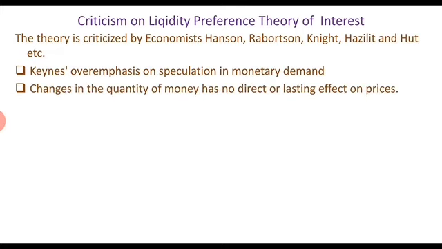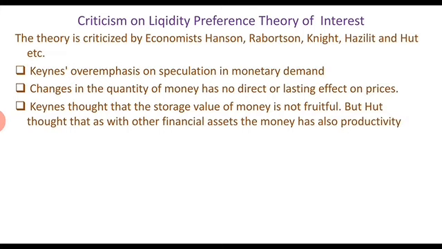Changes in quantity of money have no direct or lasting effect on prices. Keynes thought that the storage value of money is not fruitful, but Hutt thought that, as with other financial assets, money also has productivity.